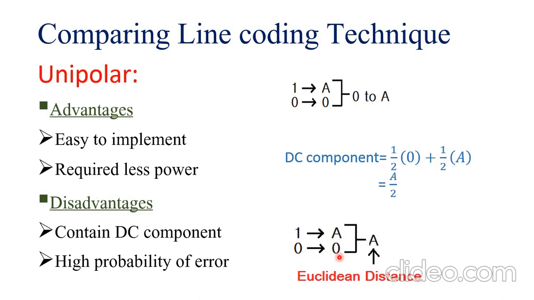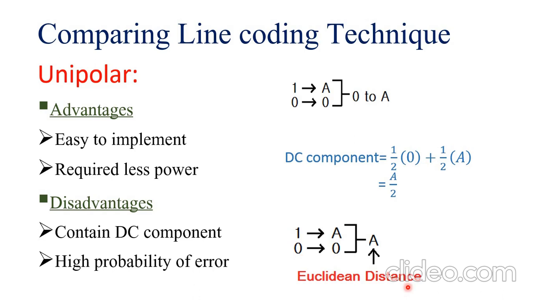And if you see the distance between these two, A and 0, the distance is A. The distance between the amplitudes of 1s and 0s is the Euclidean distance.